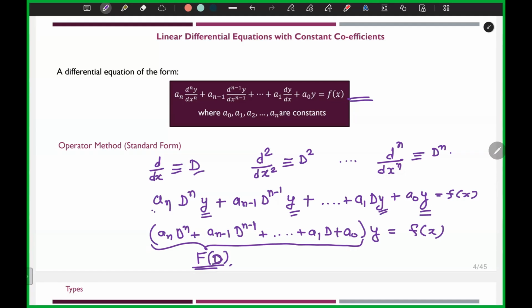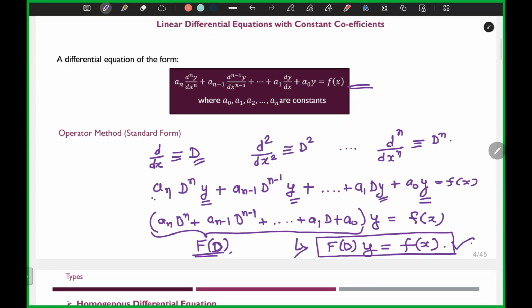So here D is the operator. D is nothing but the simple derivative d by dx, and similarly d square by dx square is D square, and so on. So we can write this equation in the form F(D) y equals this small function of x. So here we define the operator as capital F(D).